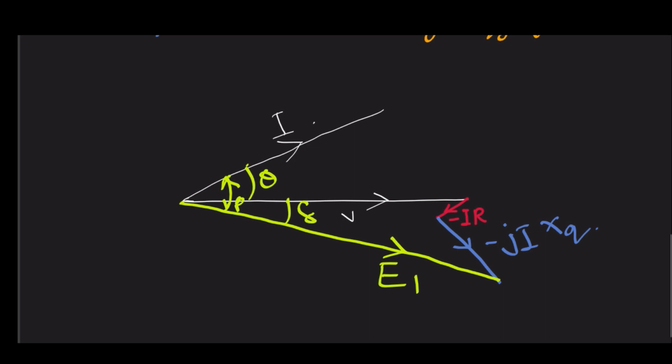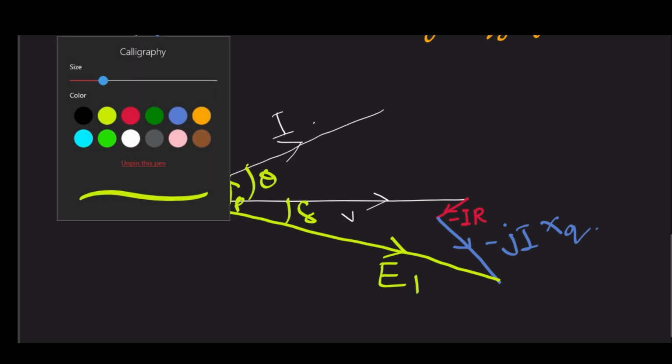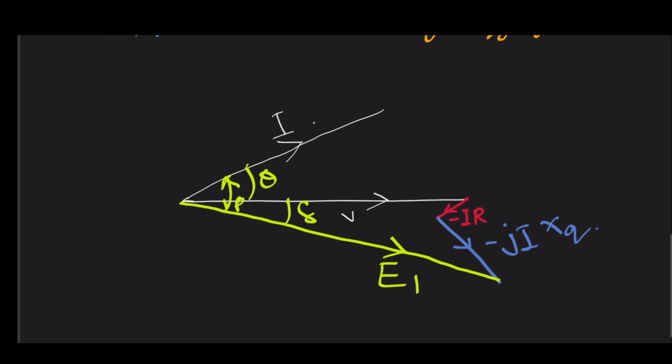So you can draw ID, IQ. This is your IQ. This is your ID.